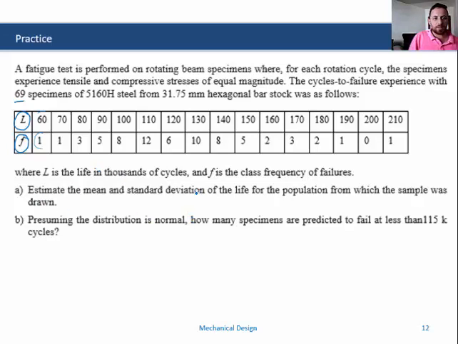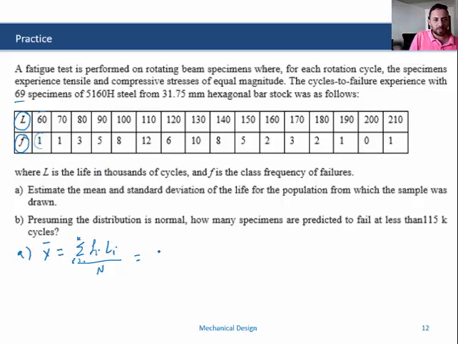Now we want to estimate the mean. Again, it is the summation of fi li over the total number of specimens, which is 69, from i equal 1 to k.